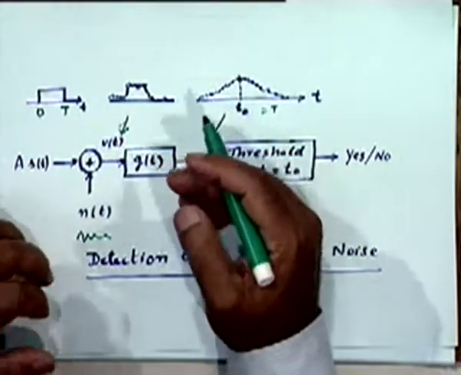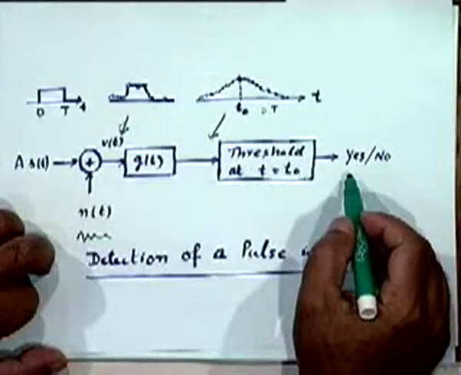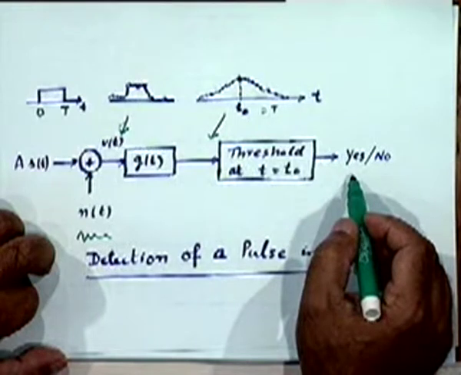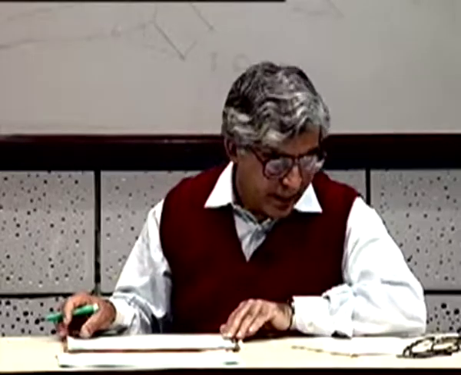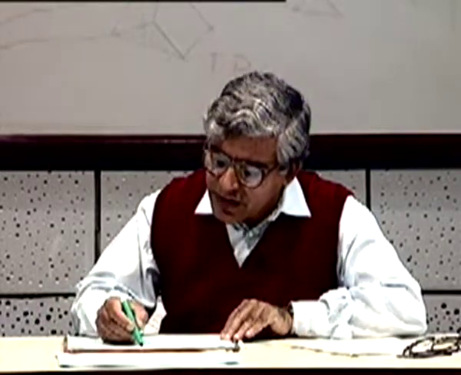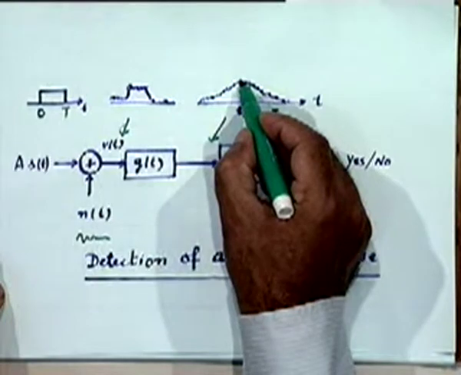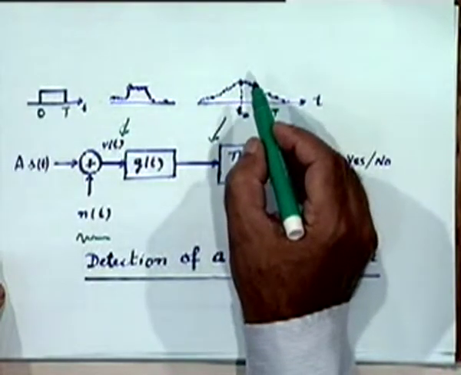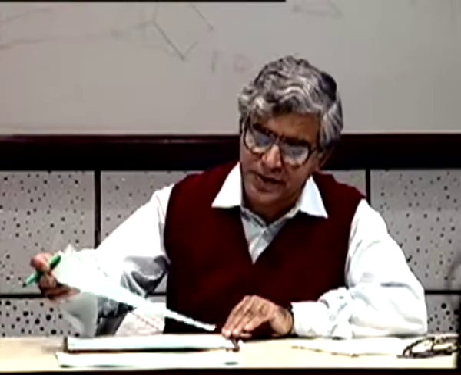And if we can maximize the signal contribution to noise perturbation ratio, then we will have done a good job and we can hope to make a reasonably reliable decision. Is it fine? So let us look at the nature of the contribution here due to the signal and due to the noise, and that will help us in designing the filter g(t).